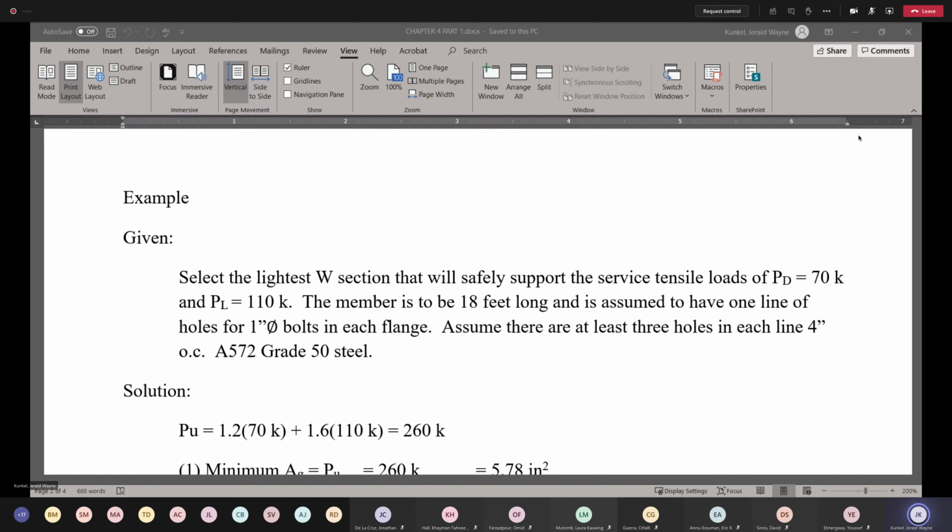The problem also asks us to select the lightest W section. That's because we buy structural steel by the pound.